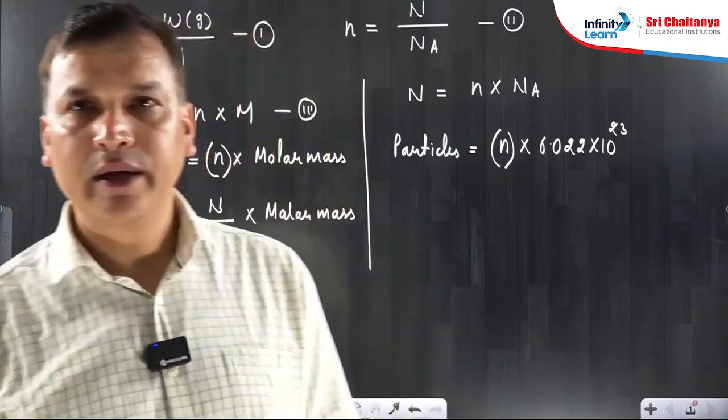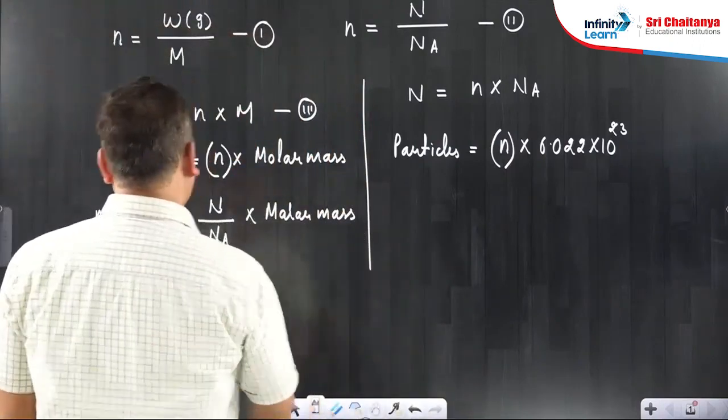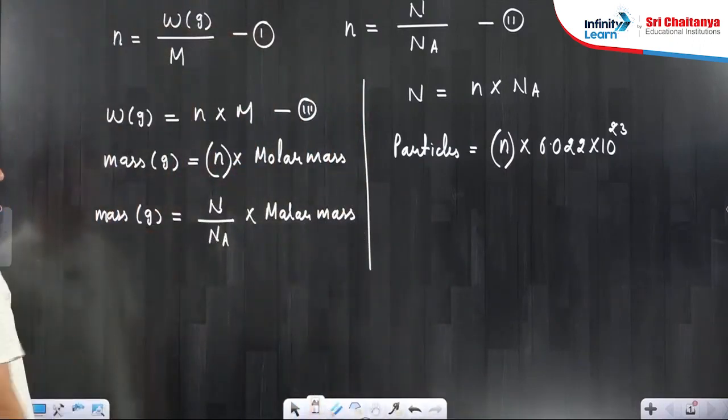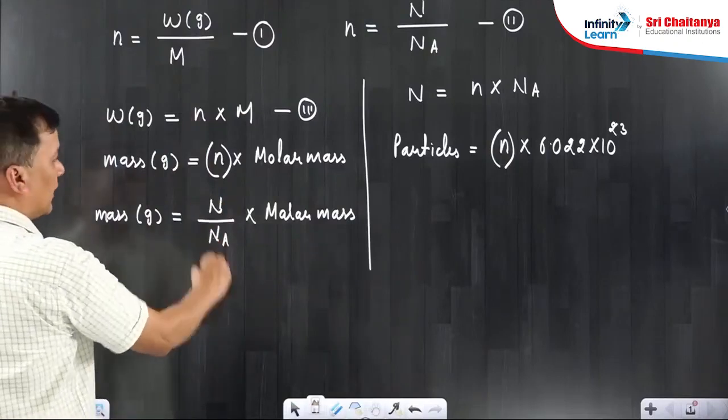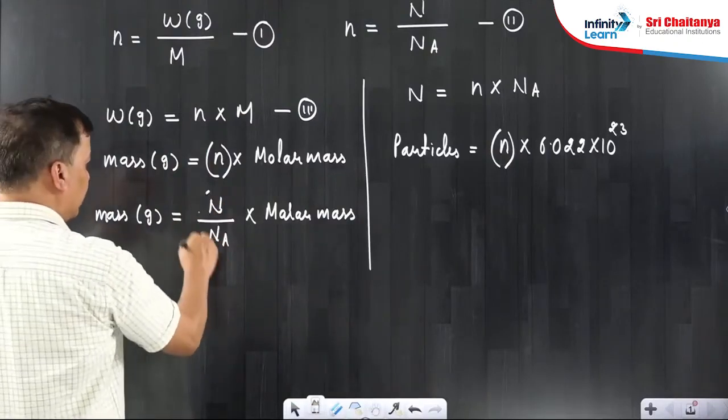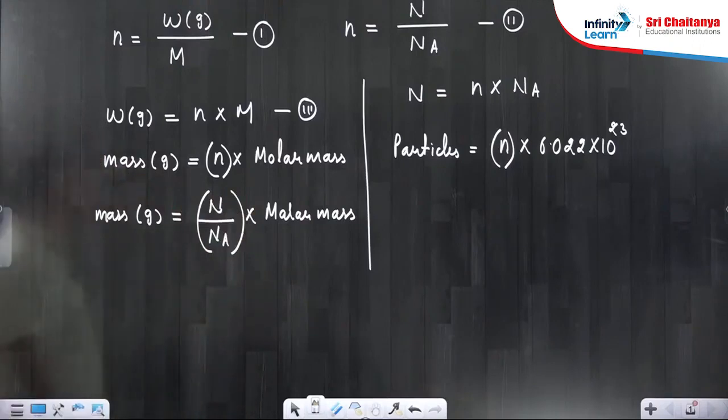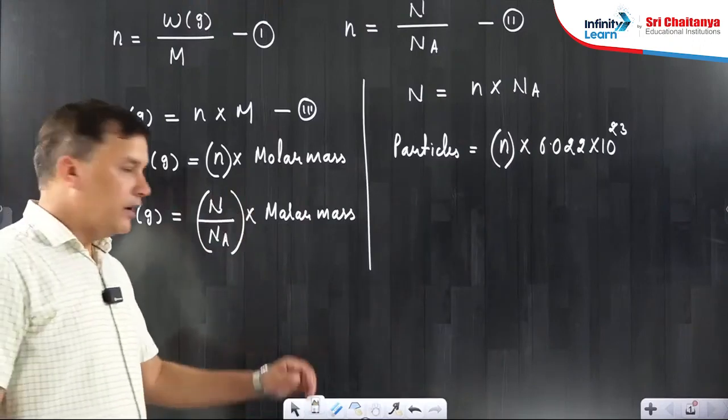Please respond to me. If we have to calculate mass from the number of particles, we divide the number of particles by Avogadro's number, which means first of all we have to convert the particles into number of moles.